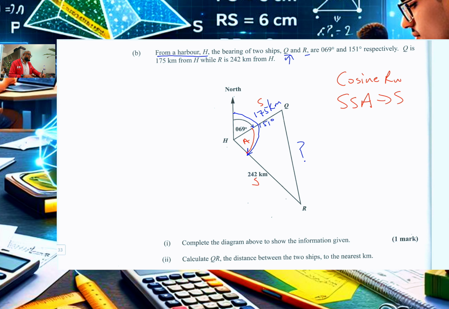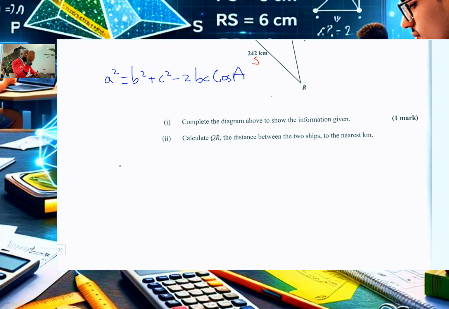Cosine rule, right? Okay. So let me find this angle here, which is QHR first. That is the first thing I have to find here. QR squared will be, QR is what we're trying to find, right? 242 squared plus 175 squared minus 2 by 242 by 175, right?